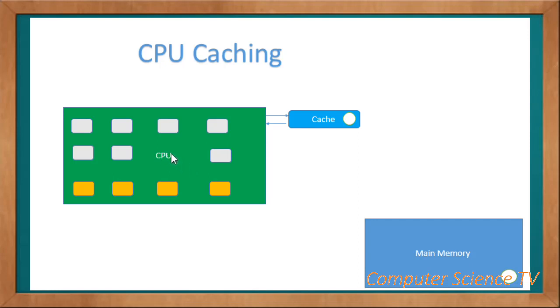Normally, instead of the processor going all the way to the main memory to access data, it's going to check if there's a copy of that particular data in the cache. If that copy exists, it's going to fetch that data from the cache instead of from the main memory. This results in reducing the cost of data access from the main memory, the cost in terms of time as well as the energy that is consumed.